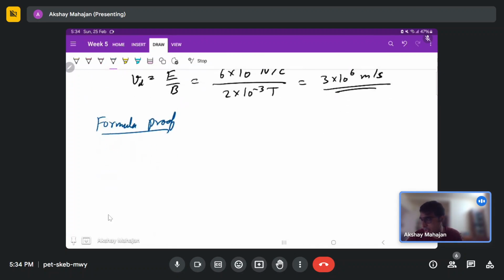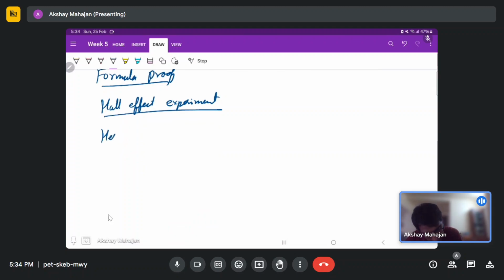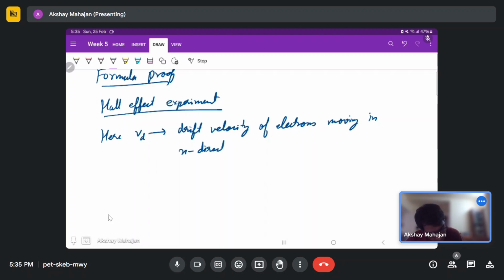As you remember in the Hall effect experiment, let's say here our Vd is the drift velocity of electrons moving in the x direction in the Hall effect experiment.